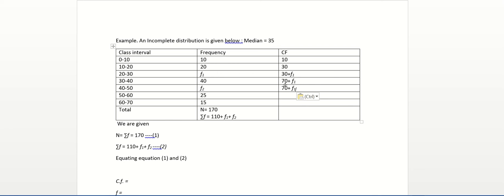Then 70 plus 25 is 95, 95 plus F1 plus F2.